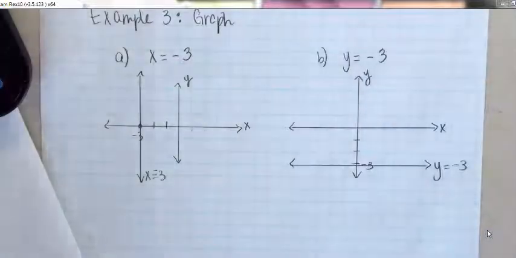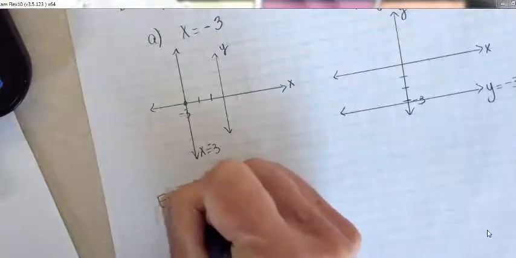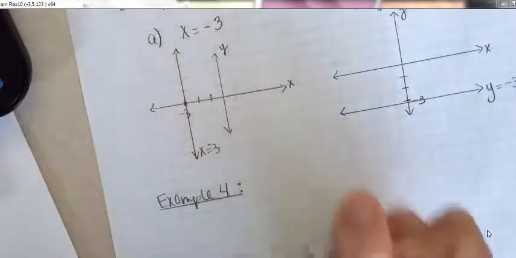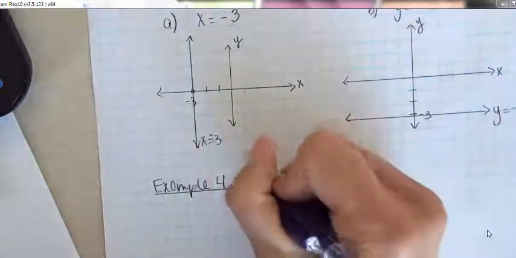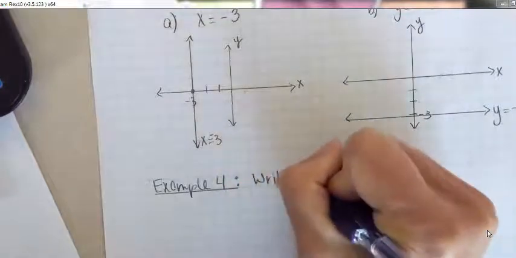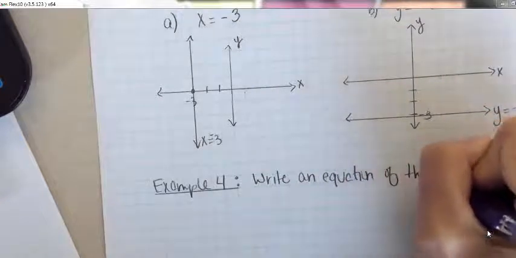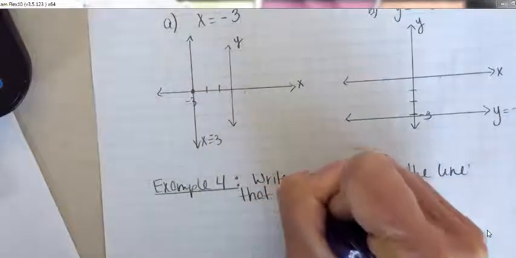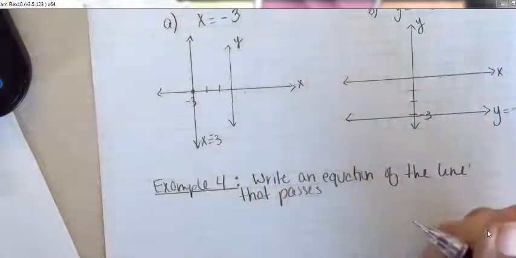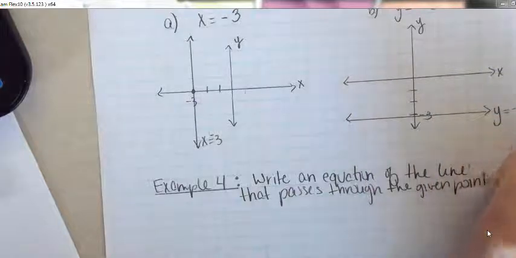Let's do another example. How about example 4? We're going to write an equation of the line that passes through the given point and has the given slope.